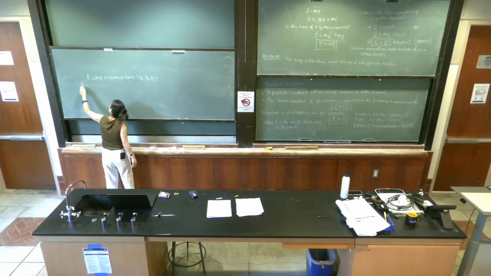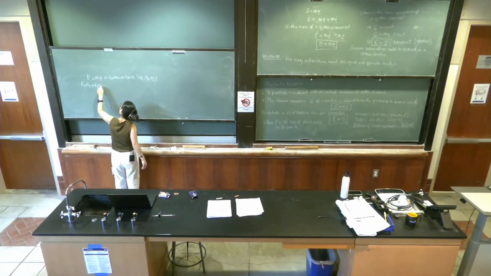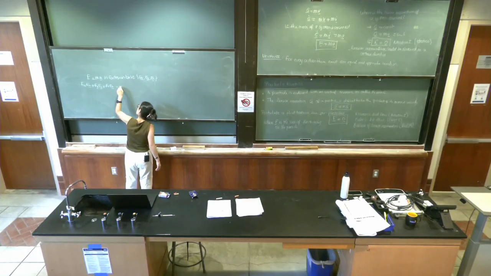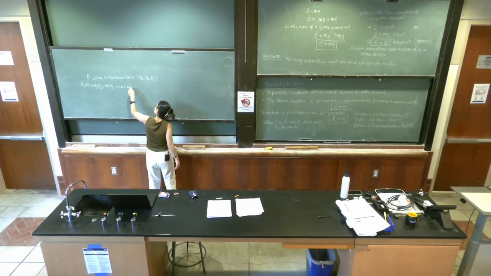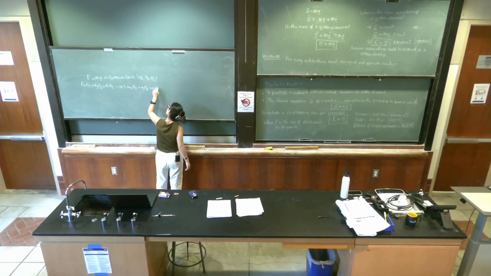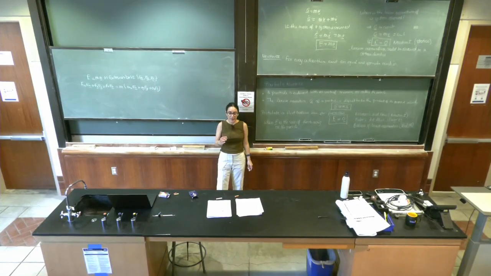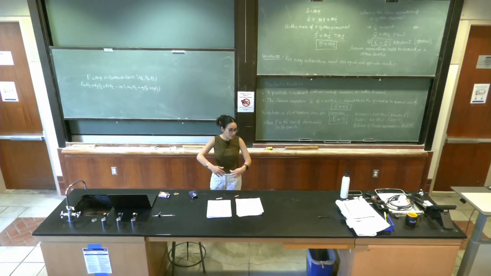F is equal to Fx Ex plus Fy Ey plus Fz Ez, which is equal to the mass of the particle times the acceleration. Okay. So this F equals ma equation is a vector equation in 3D space.